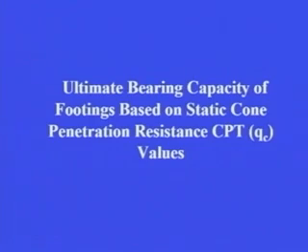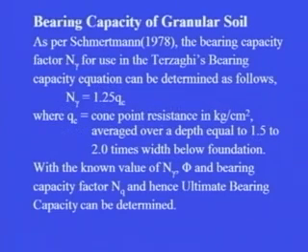Now, another test which is preferred is the static cone penetration test, by which we find out CPT values termed as Qc values, and ultimate bearing capacity of footing can be determined from these Qc values. For granular soil, as per Schmertmann, the bearing capacity factor N gamma for use in the Terzaghi bearing capacity equation can be determined as follows.